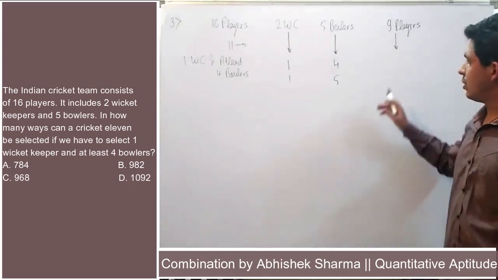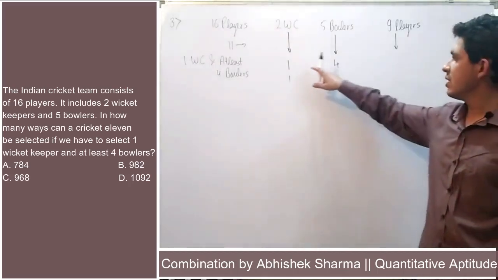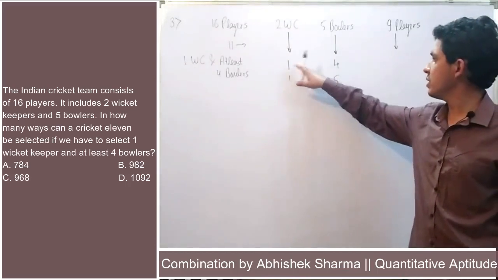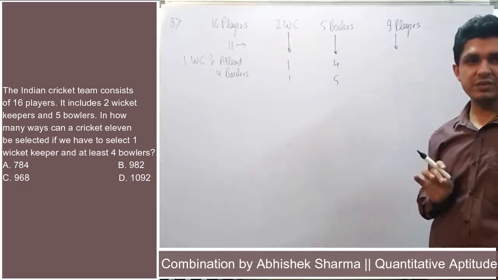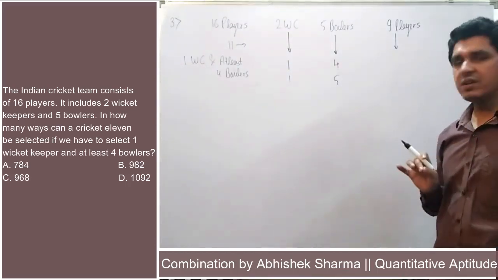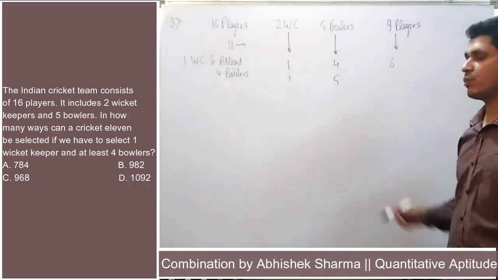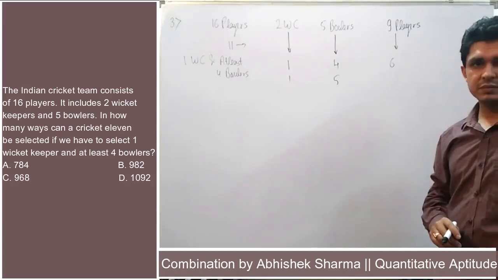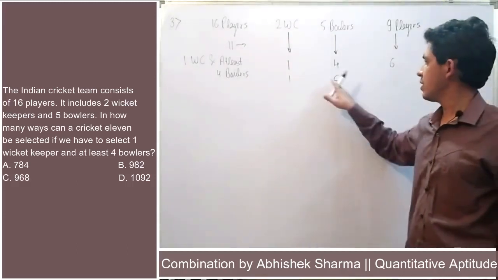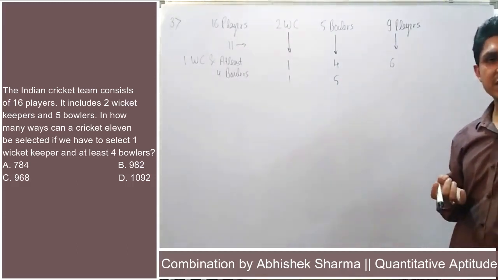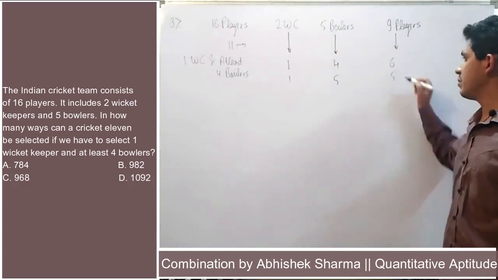Okay, so in the first case 1 plus 4, that is 5 have been selected. For 11, how many other persons are required? For 11, 6 are required, right? And here 1 plus 5, that is 6 have been selected, and for 11, 5 are required.